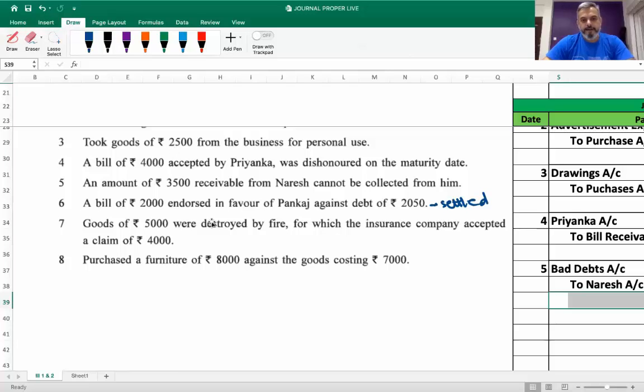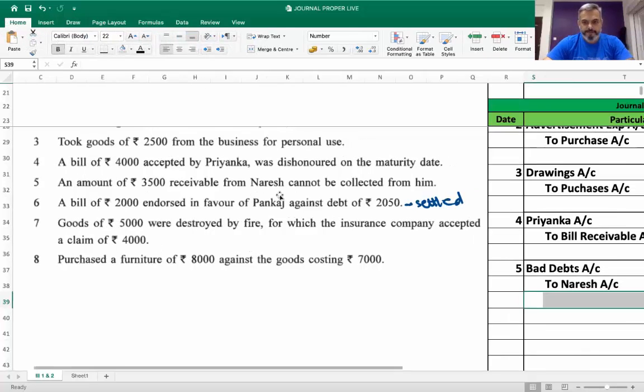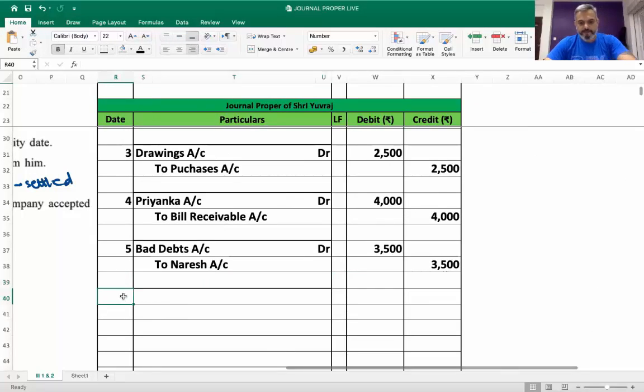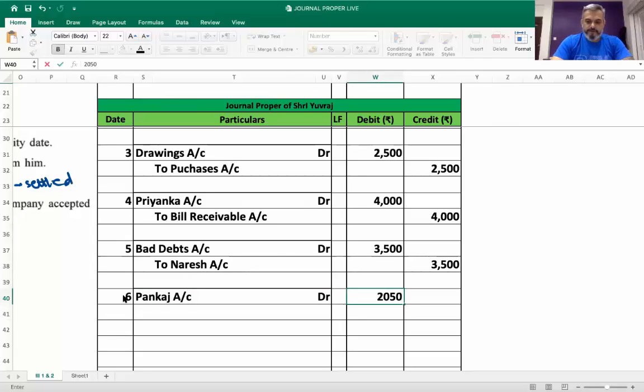Now we gave a bill to Pankaj. So Pankaj is the receiver, debit the receiver. Sixth one, Pankaj account debit. This amount we had to settle, 2050. Bill receivable goes out.